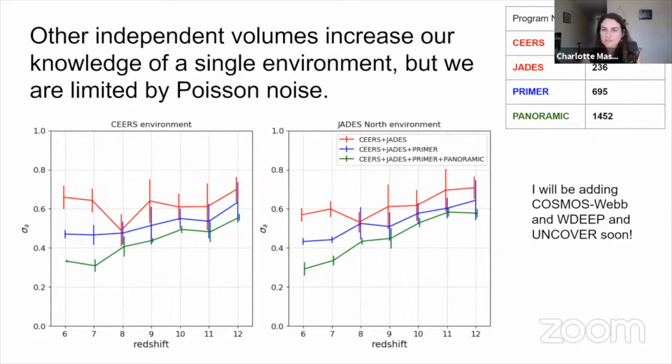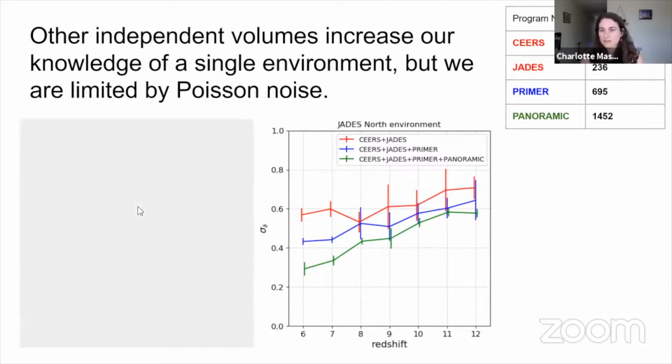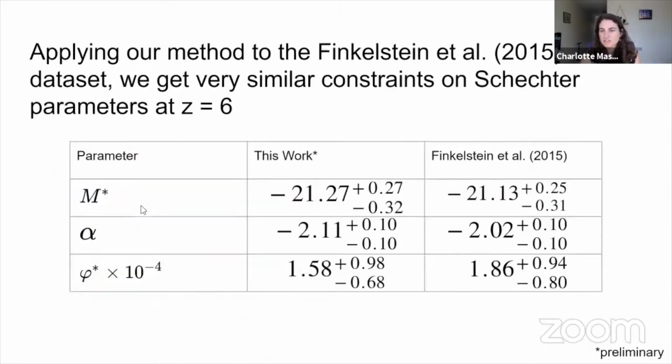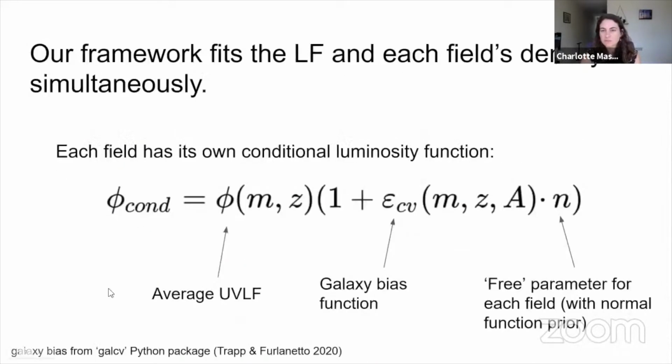Okay, there's a question from Naku Gangoli, and he asks, I may have missed this, but how did you determine epsilon CV, and would it depend on environmental factors? Yeah, so epsilon CV is the galaxy bias function. It's been done theoretically for a long time, and we recently came up with a paper giving our updated version of how you would calculate this galaxy bias function.